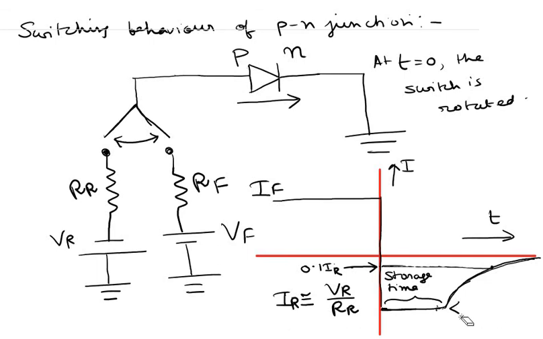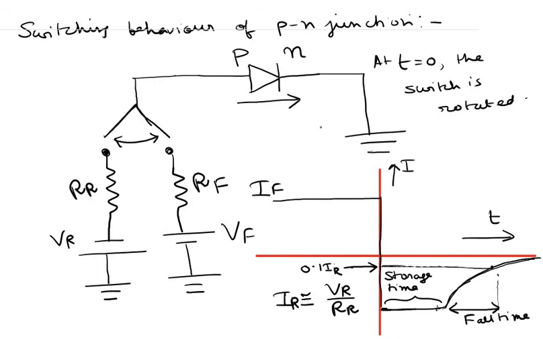Okay, so after the storage time starts the fall time, and fall time is the approximate time over which the minority carrier concentration goes from the equilibrium value to near zero value. So this is basically the turn off time of the diode.